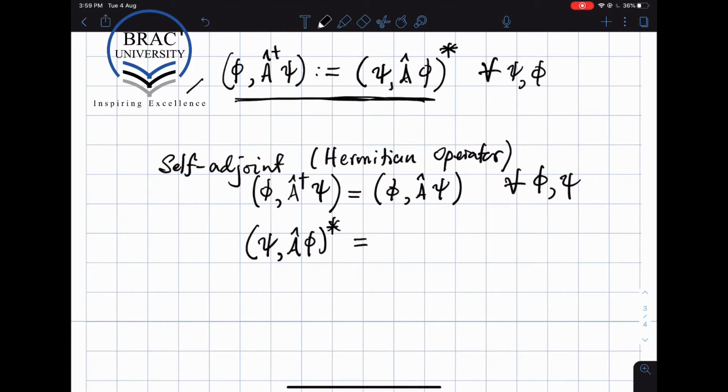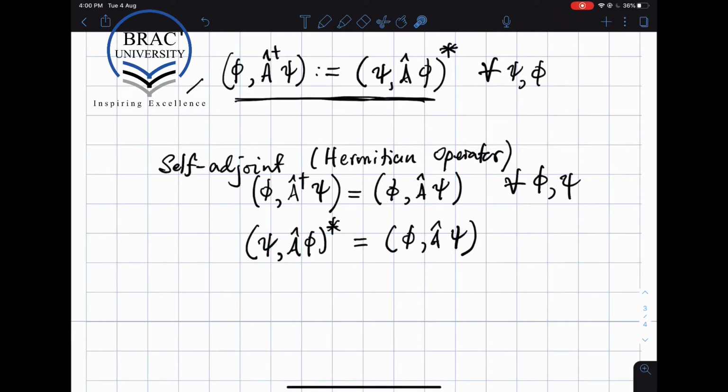And on the right-hand side, we have phi, A psi. But we know that when we take a complex conjugate of an inner product, it reverses the ordering of the wave functions in the inner product.